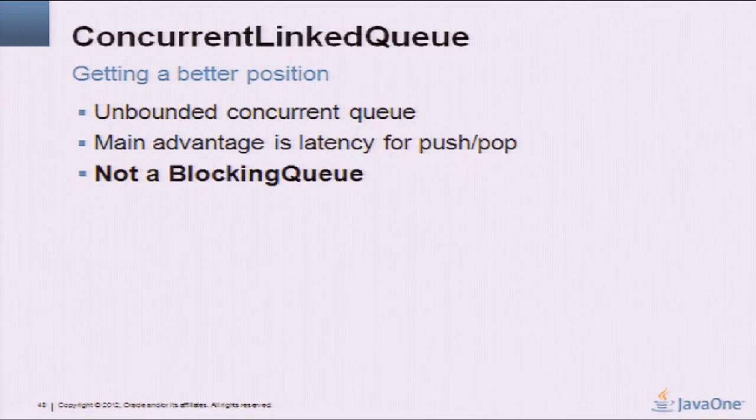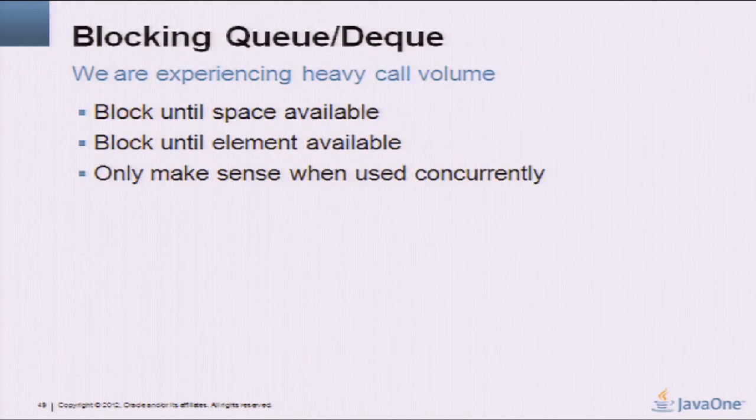This is a specialized linked queue type. Mostly its advantage is latency. It's not a blocking queue. There's another queue type which is mostly used for concurrent operations, which is the blocking queue and Deque operations. What's meant by blocking here is that if I'm trying to push an element into the queue and there's no space, I'll block and wait until space is available.